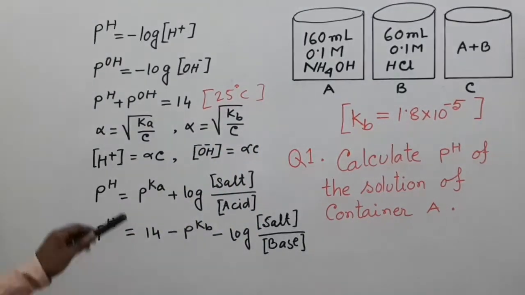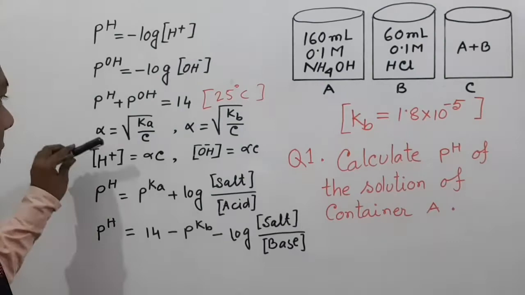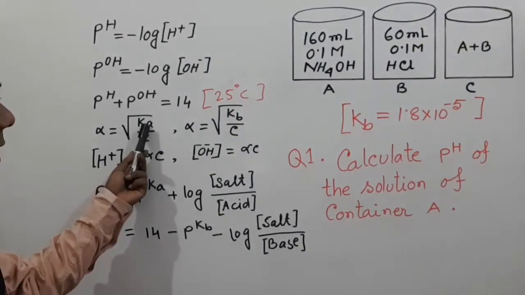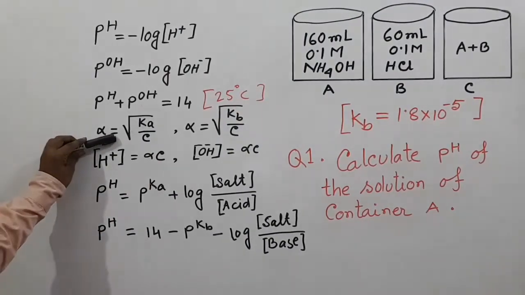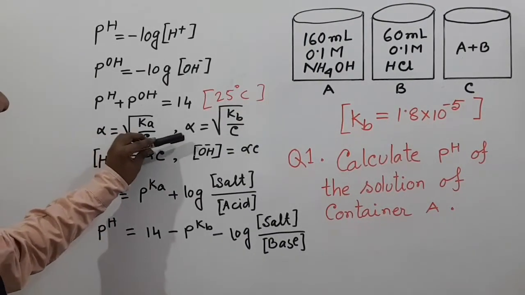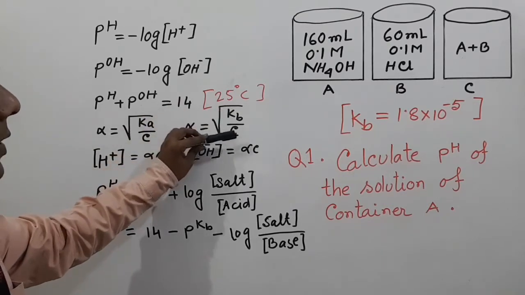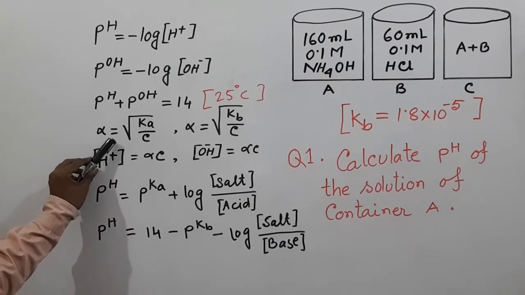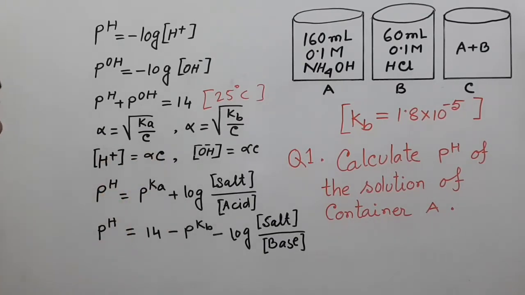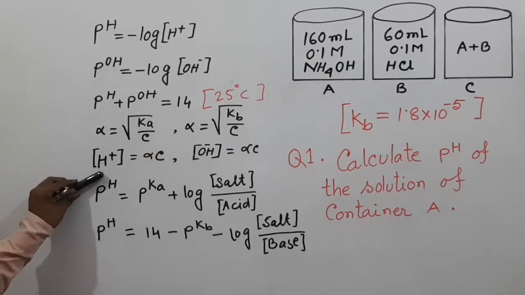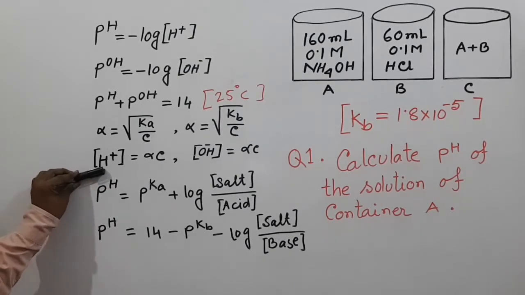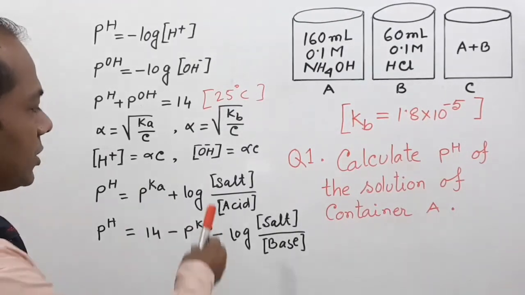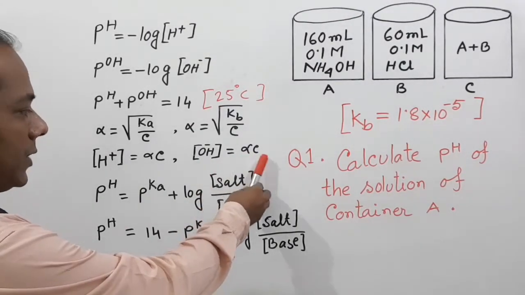And after that, alpha is the degree of dissociation, because we use here Ka. Alpha equals root over Ka by C for weak acid, and alpha equals root over Kb by C for weak base. For weak acid, molar concentration of hydrogen ion equals alpha C, and for weak base, molar concentration of hydroxyl ion equals alpha C.